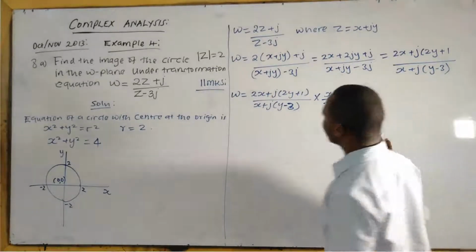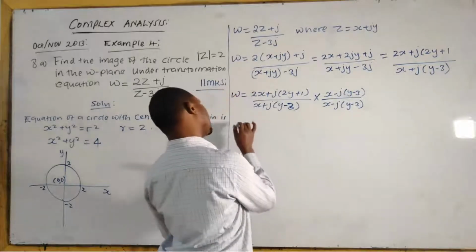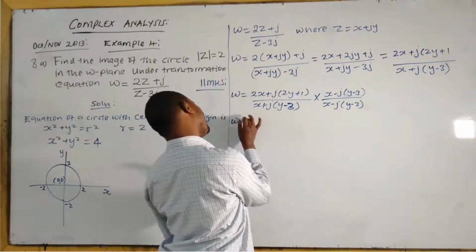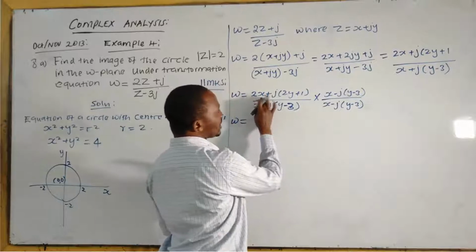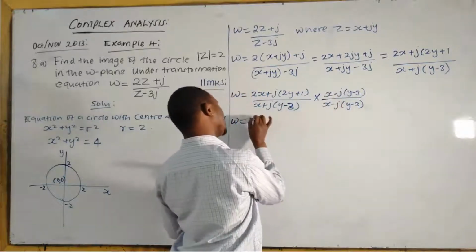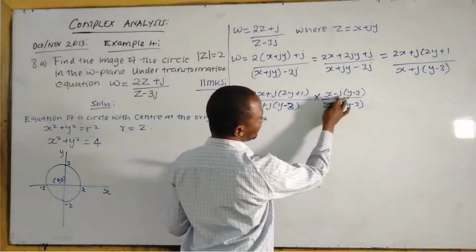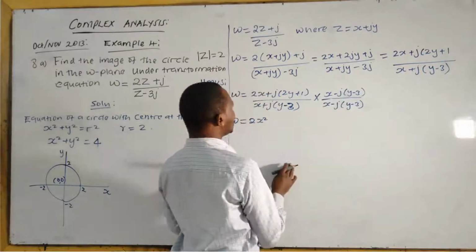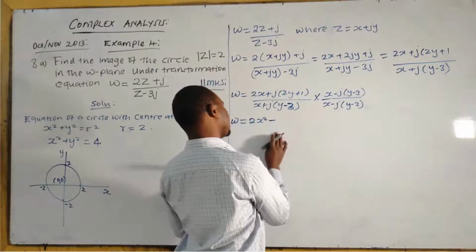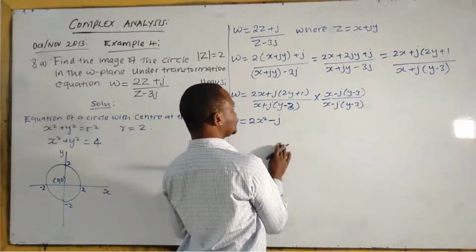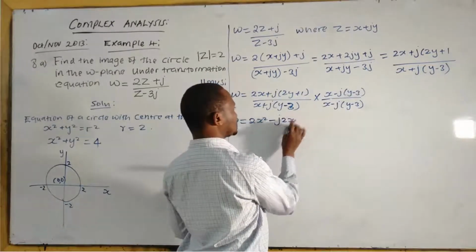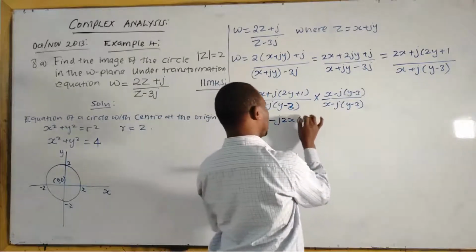We multiply to open the bracket. So W is equal to 2x times x, 2x squared, and 2x times negative j(y - 3) is equal to minus j 2x(y - 3).